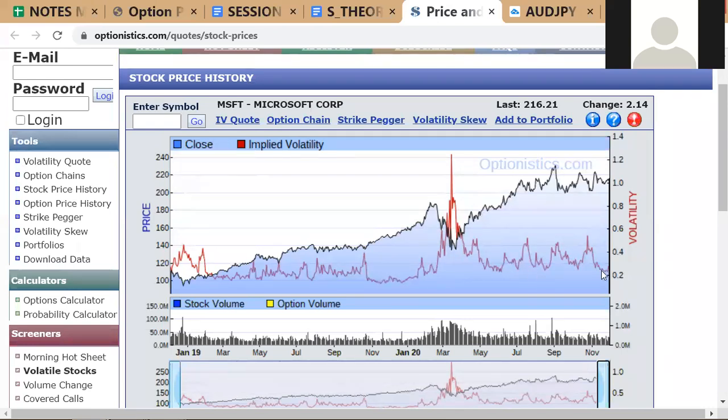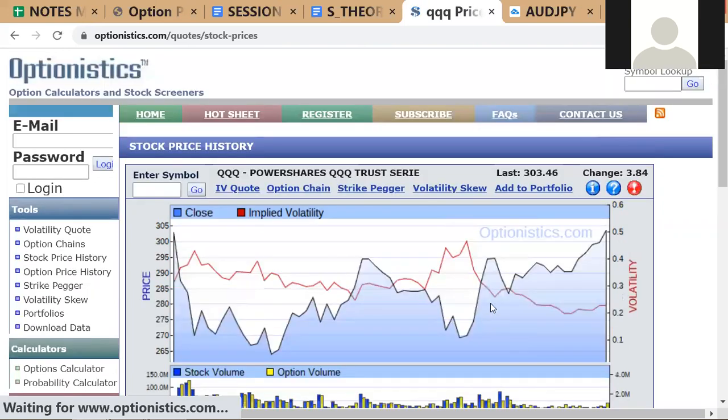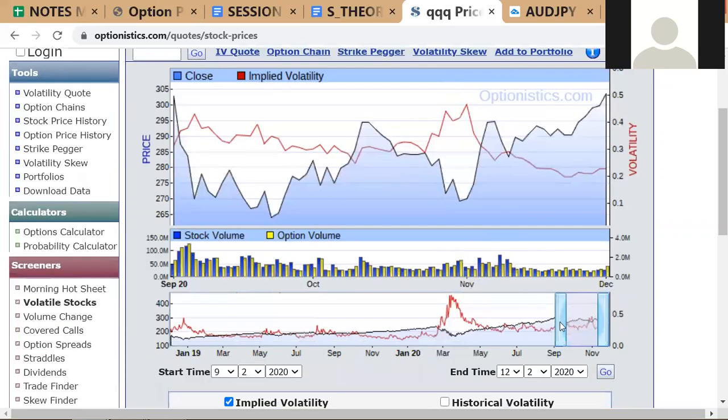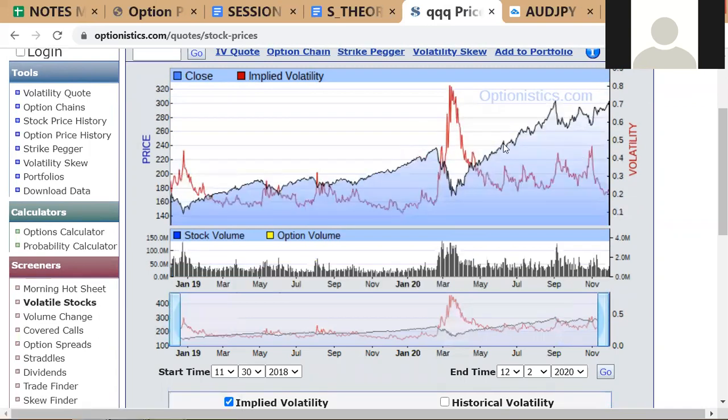But another way you can look at it, if you're looking at general trends: if you change this to QQQ, the NASDAQ 100 ETF, that gives you a broad idea of what is happening with options on a basket of tech stocks. Looking at this movement, you can say that after the COVID pandemic, tech stocks in general are doing very well.